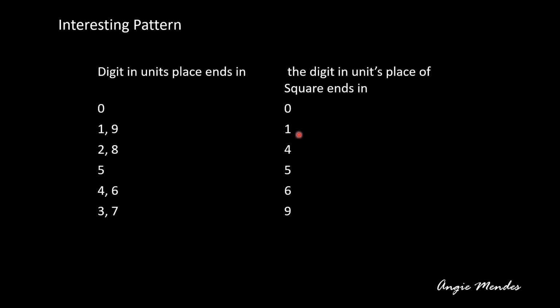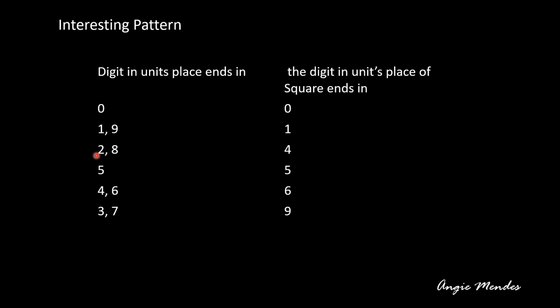The digit in the units place of the square is ending in 1. What about 9? If we consider the number 9, the square of 9 is 81, and in the units place we have 1. So we know if the digit in the units place is ending in 1 or 9, then the digit in the units place of the square will always end in 1.